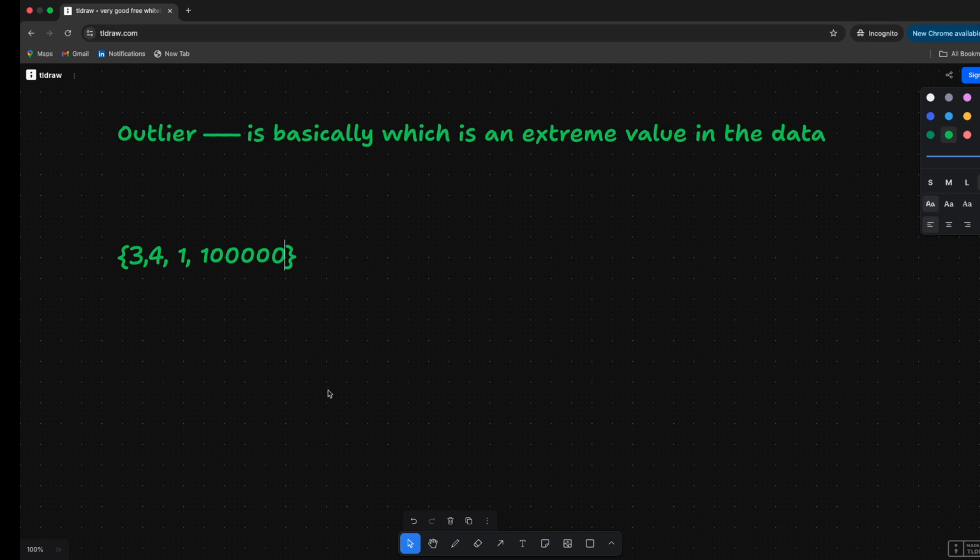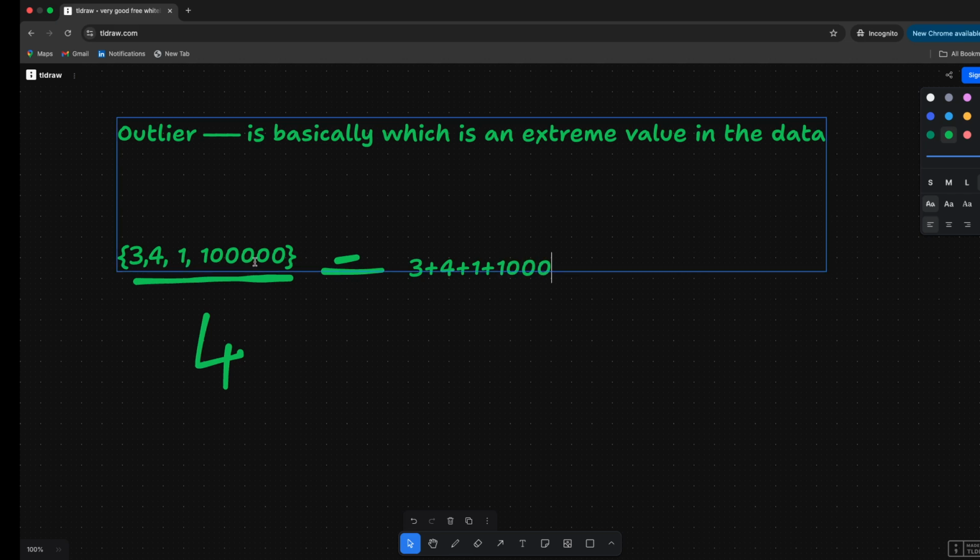Now if you calculate the mean, by formula this is 4, right? You have 6 zeros, and then you divide this by 4.